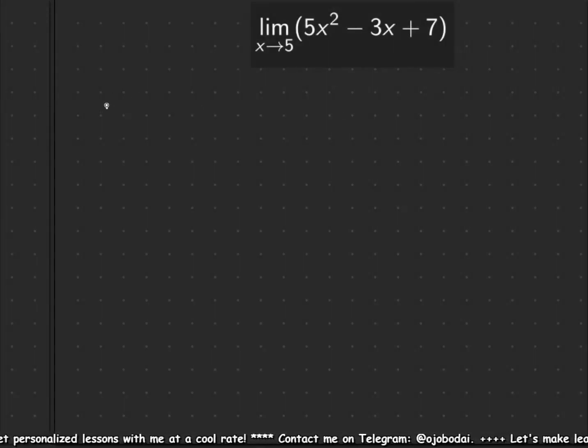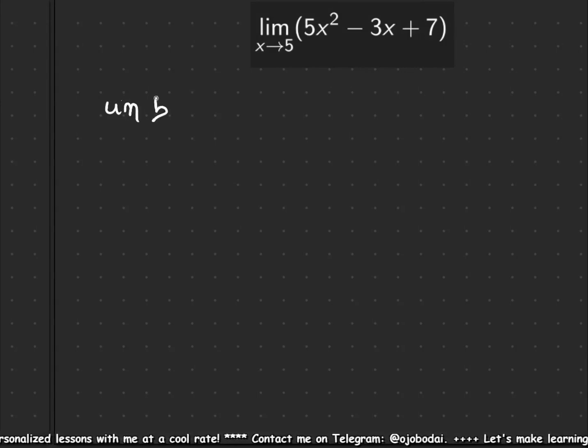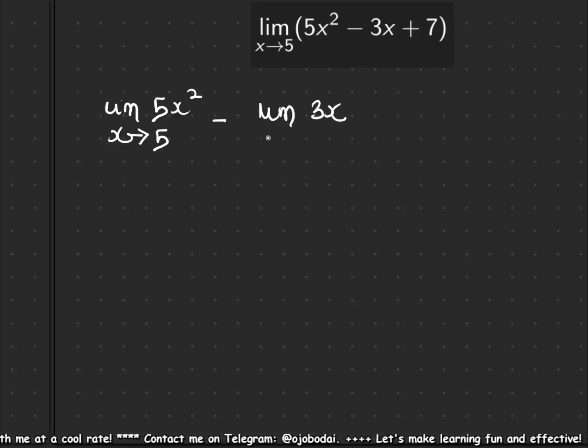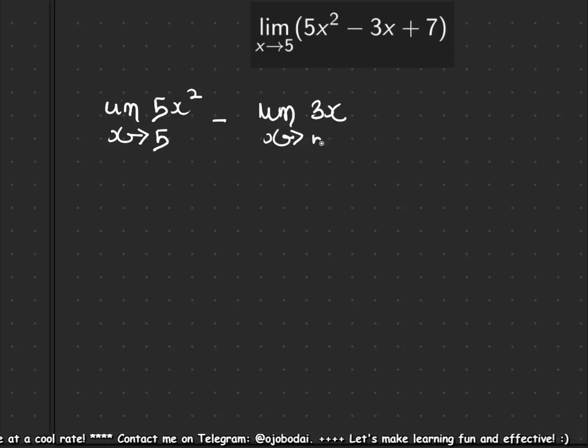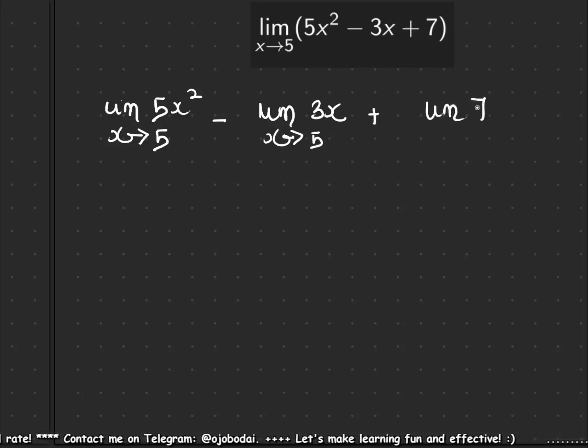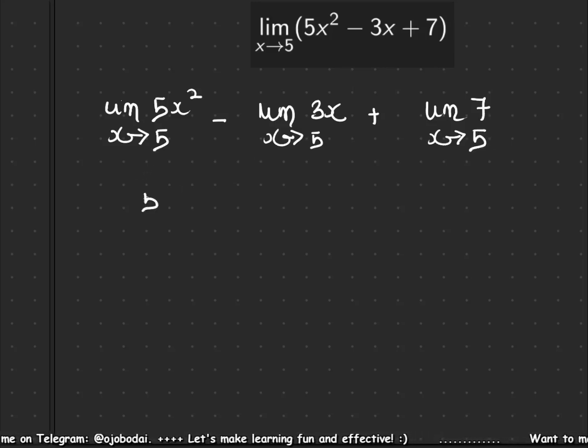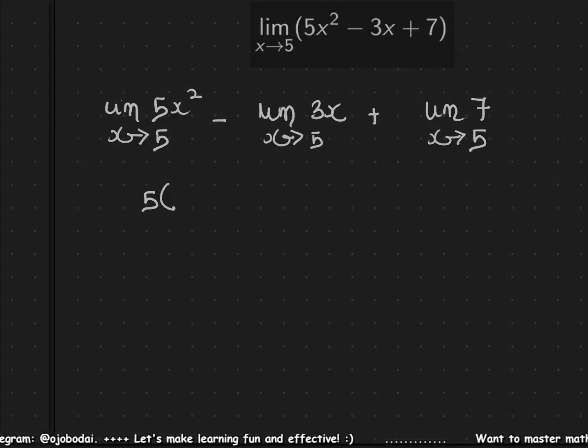So that we are going to have the limit of 5x squared as x approaches 5, then minus the limit of 3x as x also approaches what? 5, plus the limit of 7 as x approaches 5. Now substituting, we have 5 into bracket 5, which is the substitution of x.